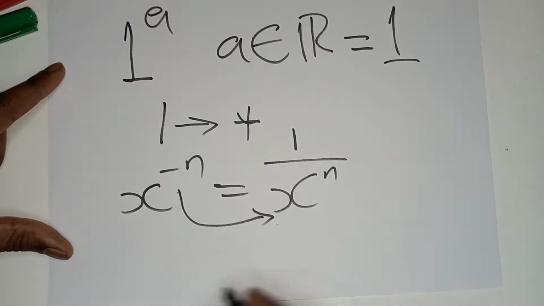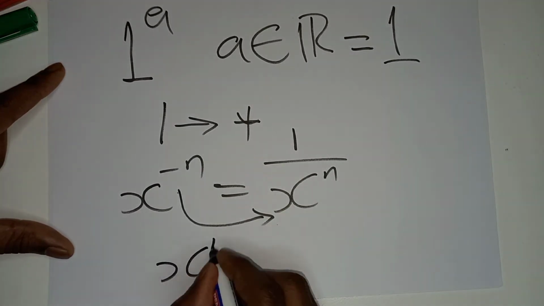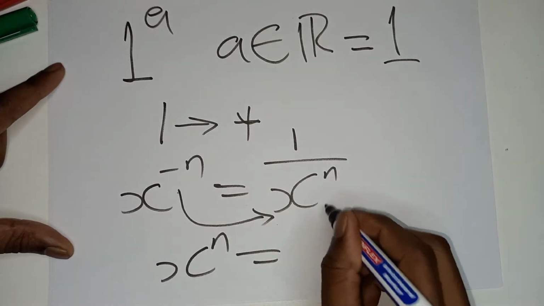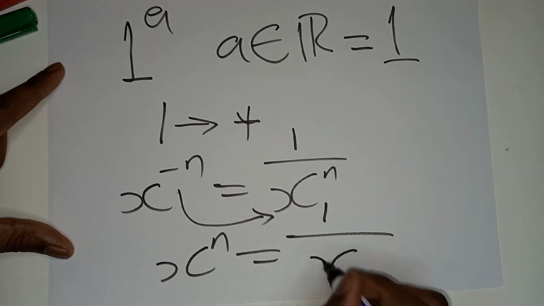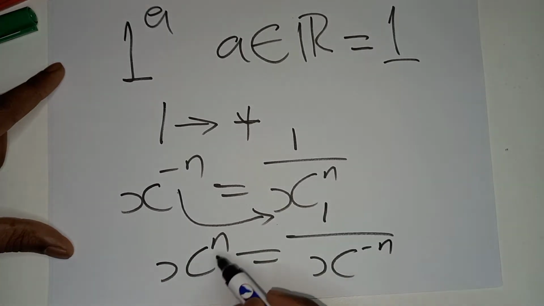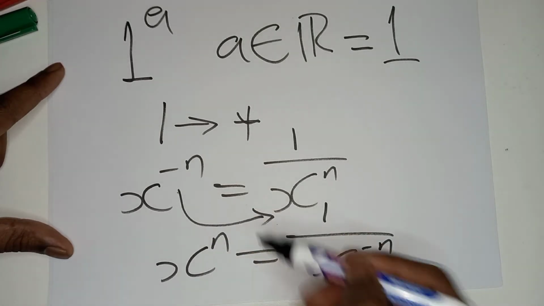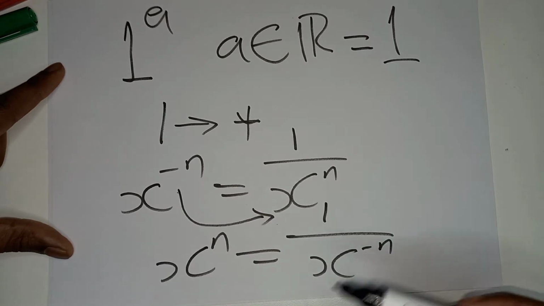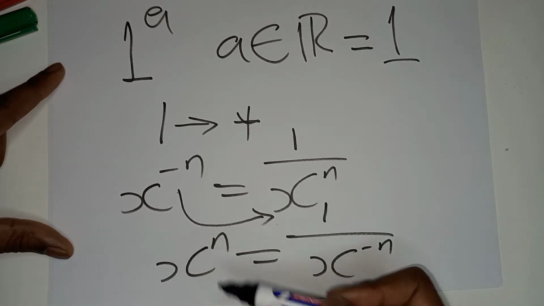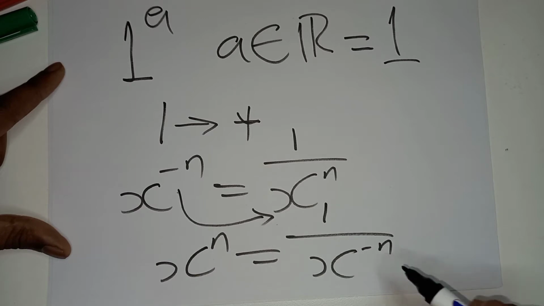In the same sense, if I have x to the n, I can write it in fraction form as 1 over x to the negative n. So every time I move an exponent from one side of the fraction to the other, either from numerator to denominator or from denominator to numerator, the sign changes.